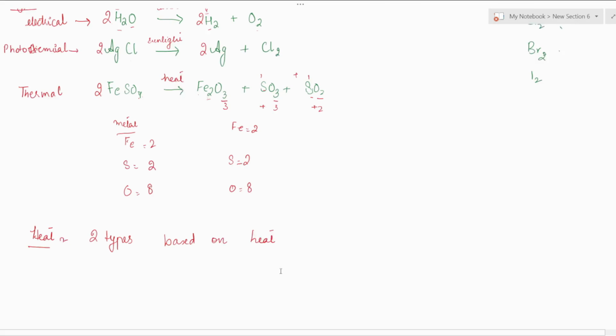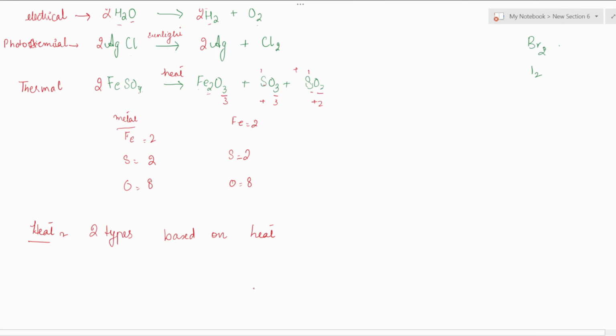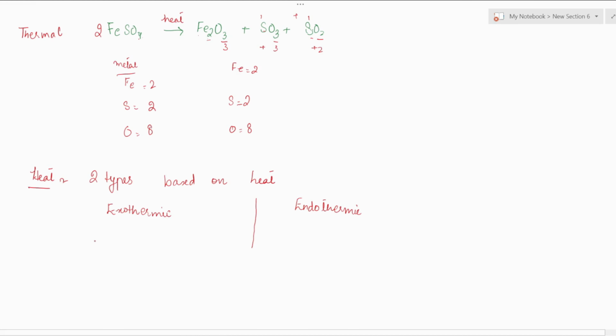One is the exothermic. Exo means outside and therm means heat. The heat moves outside. Can you give me an example? Boiling of water? Let's say not, because boiling is not exothermic itself. Any other example?